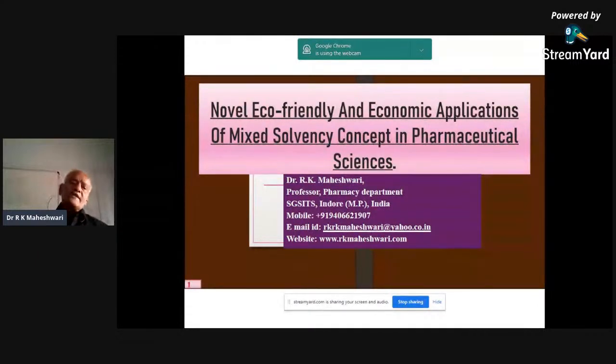Initially I would focus on the mixed solvency concept: novel, eco-friendly, and economic applications of mixed solvency concept in pharmaceutical sciences. In this concept, we employ the solvent character of solids for solubility enhancement.